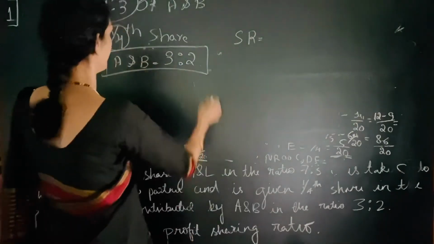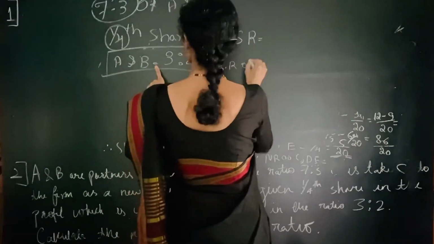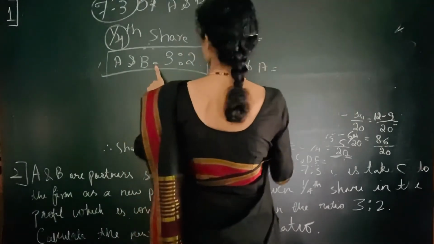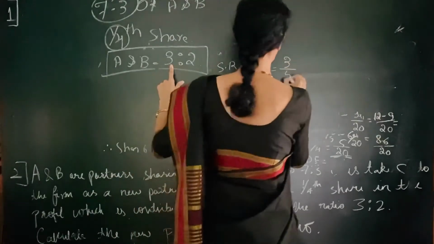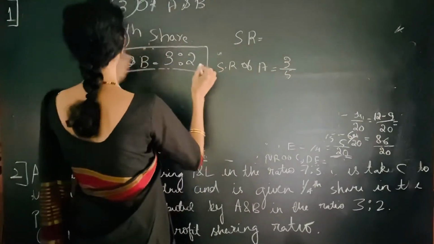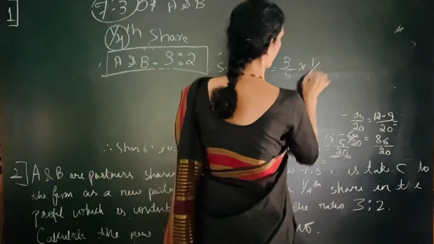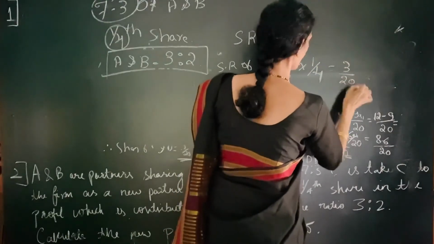So sacrifice ratio of A is equal to 3 by 5, since 3 plus 2 is 5, so 3 for A, into his 1/4 share. So it is 3 by 20.